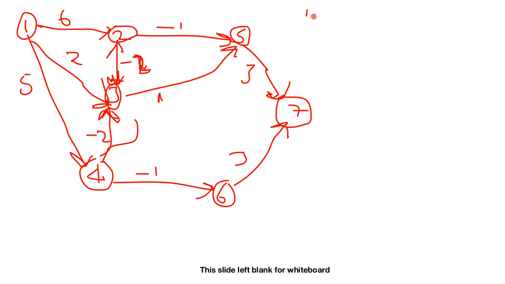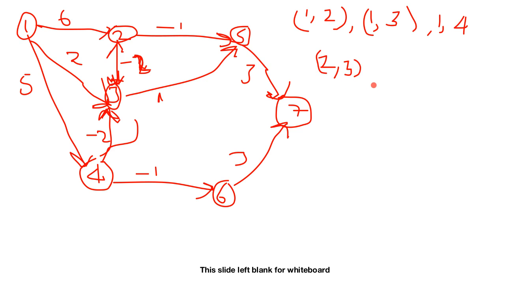So we have 1, 2. We have 1, 3. Then we have 1, 4. Then we have 3, 2. Sorry, not 2, 3, this is 3, 2. Remember the arrow is pointing to 2. So this is 3, 2.